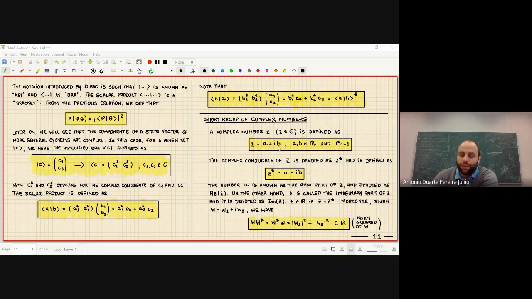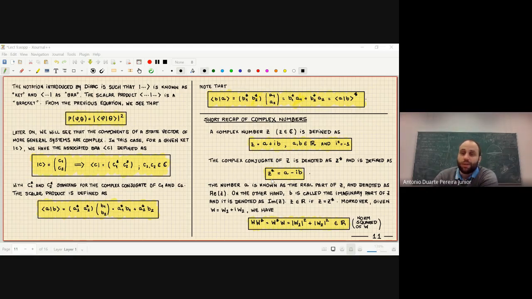Now there is this real number that multiplies i, and this is called the imaginary part of z, and we denote that by Im of z. So if I ask you what is the imaginary part of z, the answer is b.